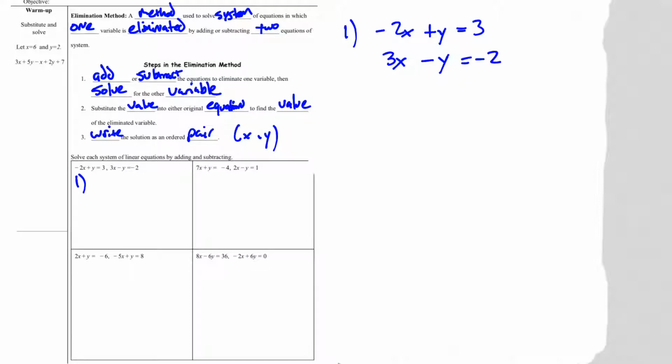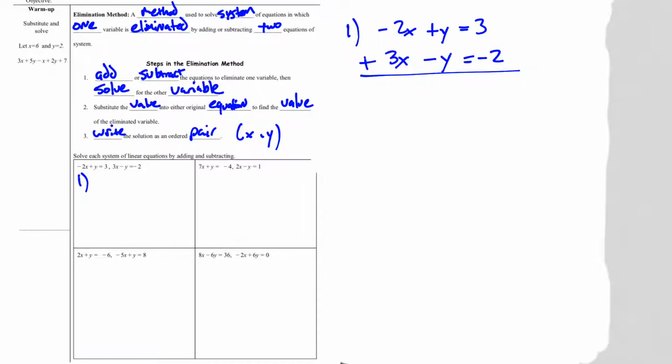Using the elimination method, I can simply add these two equations together. 3x and negative 2x is equal to x. The y terms eliminate, hence the elimination method. And then 3 minus 2, so x is equal to 1.